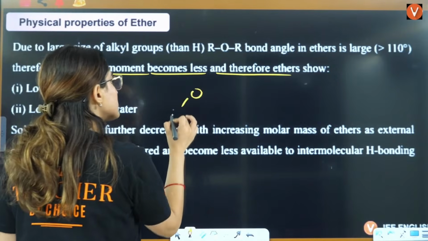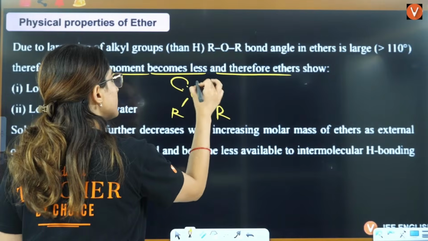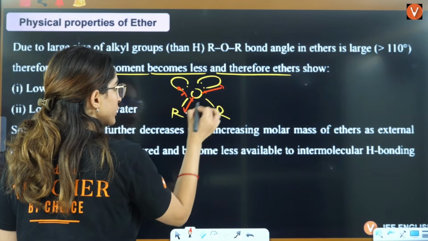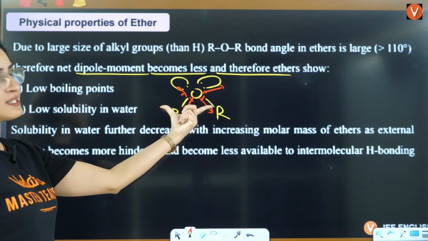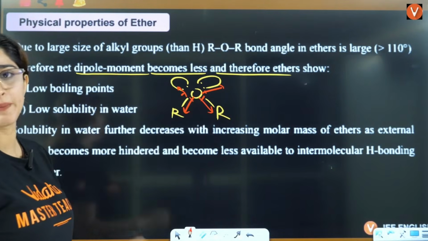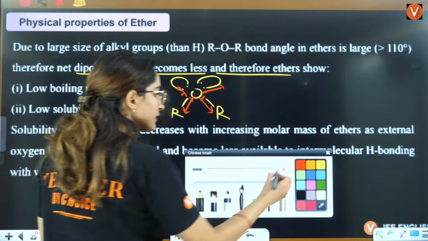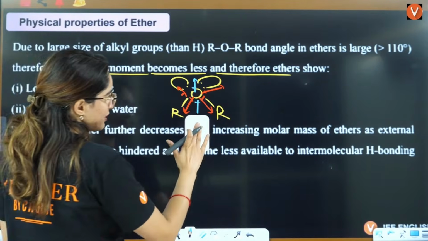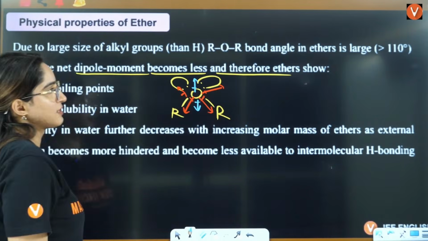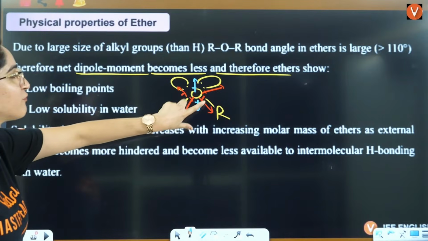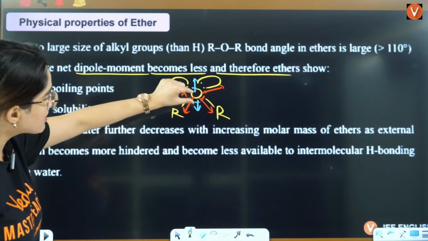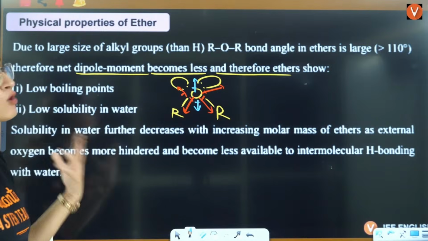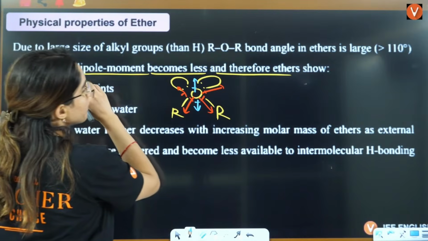So these are the lone pairs. Here the bond angle is large. It will go from here to here, and from here to here. Because the bond angle is large, the resultant becomes small, so the cancellation is less.